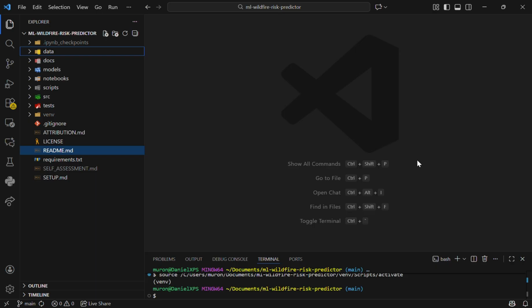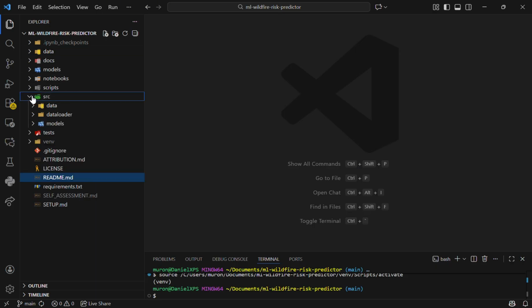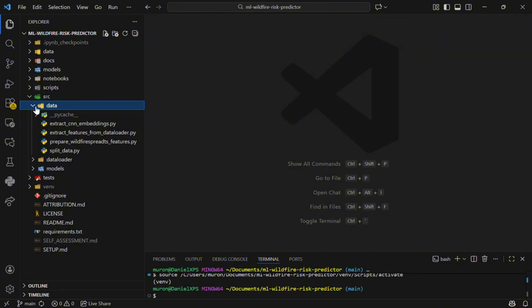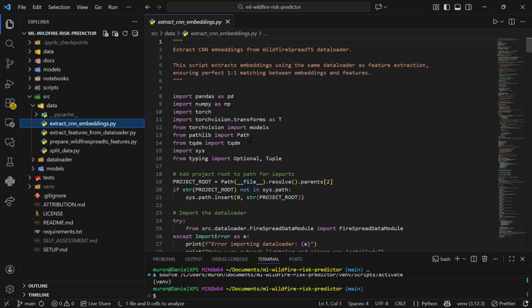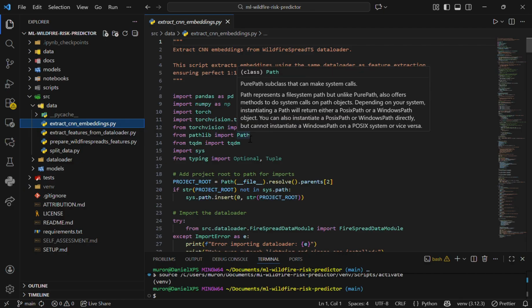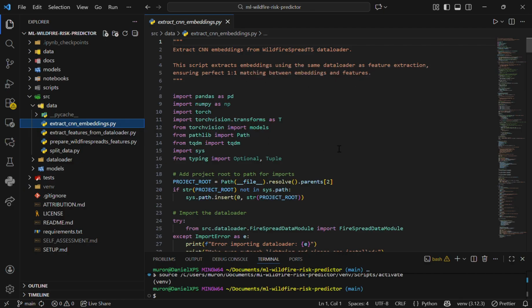So the first part of the pipeline for the data processing is extracting the CNN embeddings. These embeddings are produced from a pre-trained ResNet 50 model using transfer learning, and we can extract 2048 dimensional embeddings.